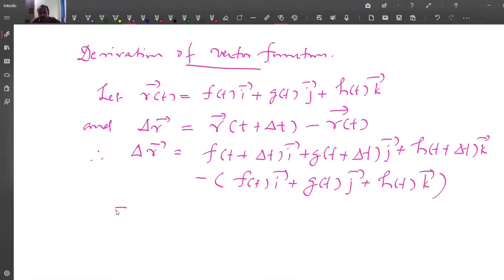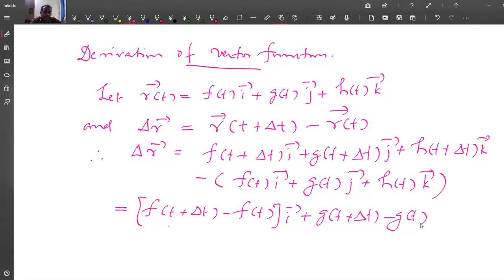So this is equal to f of t plus delta t minus f of t i plus g of t plus delta t minus g of t j plus h of t plus delta t minus h of t k.